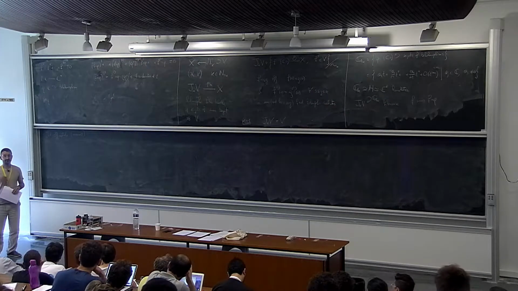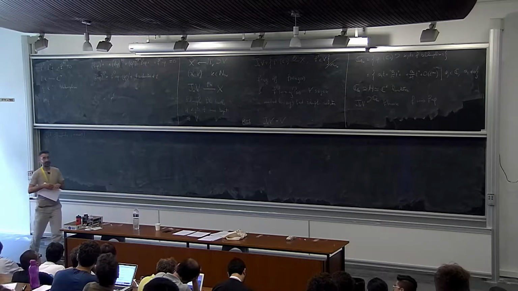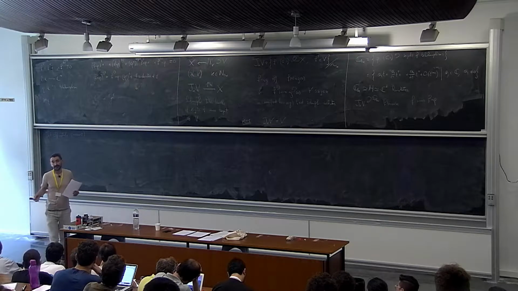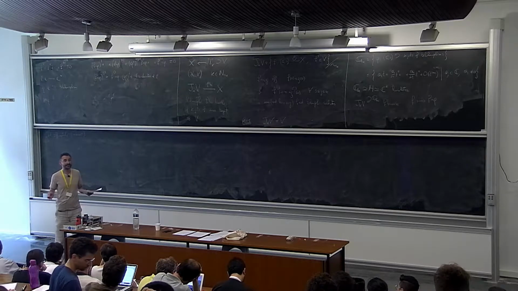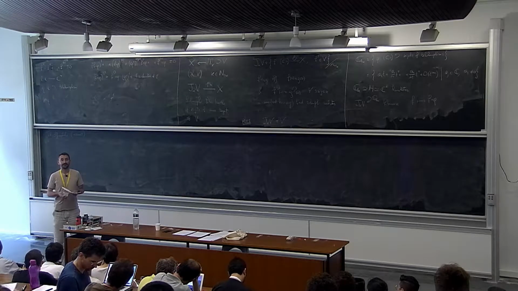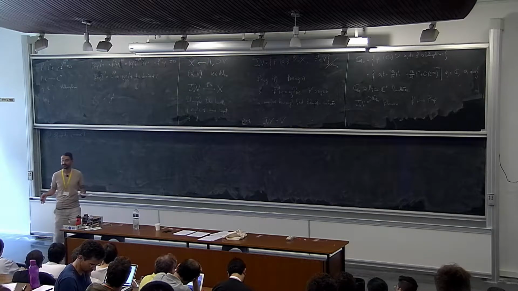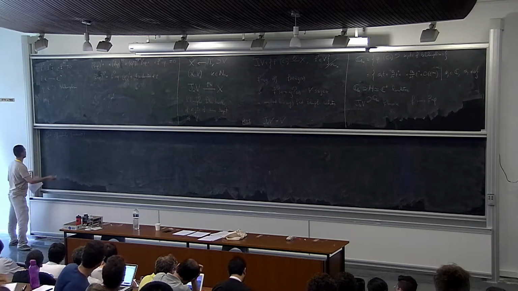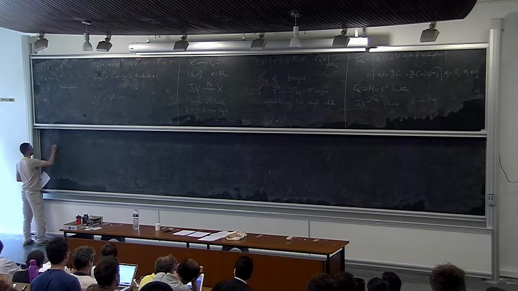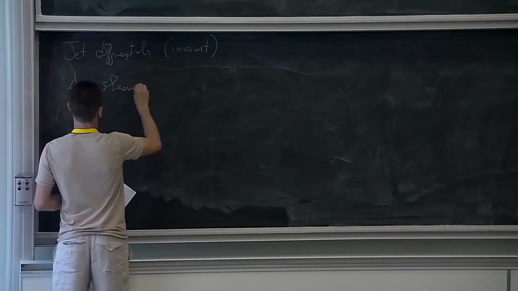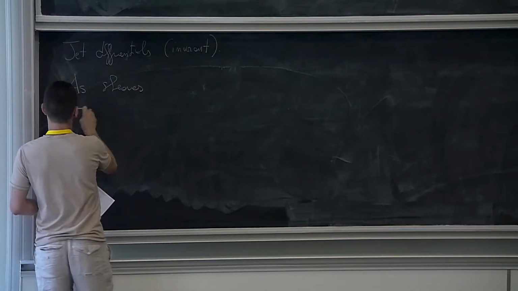Okay, so let me construct this bundle as sheaves. I construct for you some sheaf, and then I hope you will believe me that this sheaf is indeed locally free, and so it's the sheaf of sections of some vector bundle. Okay, so as sheaves, you fix two integers.